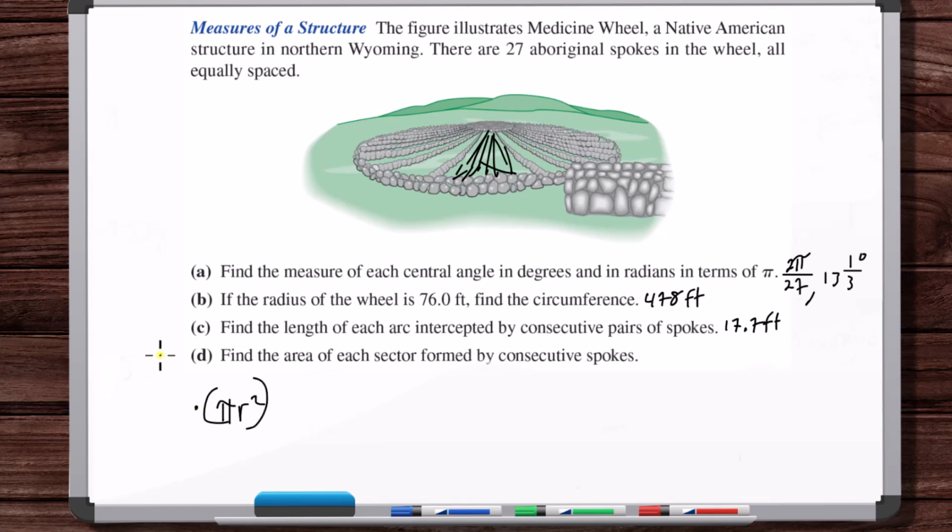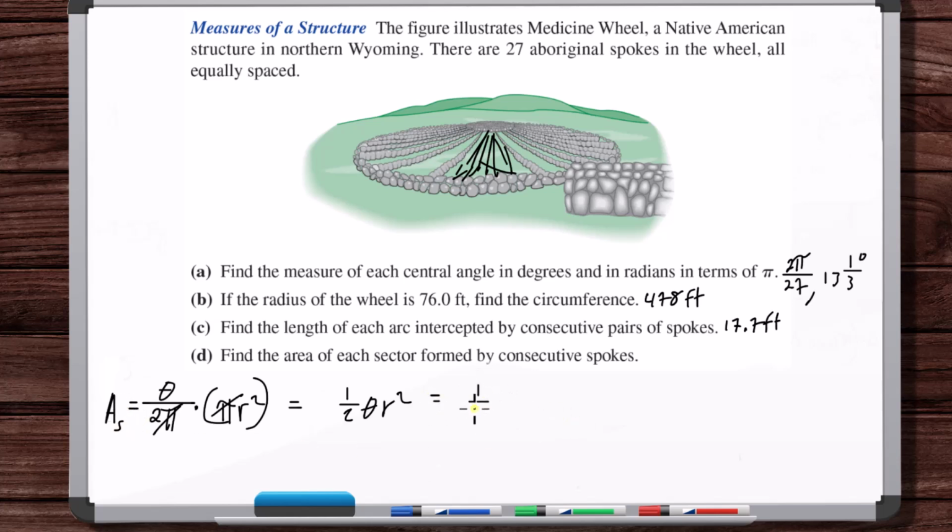Now, what's the fraction of rotation of the sector compared to the full rotation around a circle? Well, it's whatever theta is, that's the rotation, divided by 2 pi. With radians, this simplifies. With degrees, this would be 360, which wouldn't simplify, but with radians, the pi's cancel. So you've got 1/2 theta r squared. That's the area of a sector.